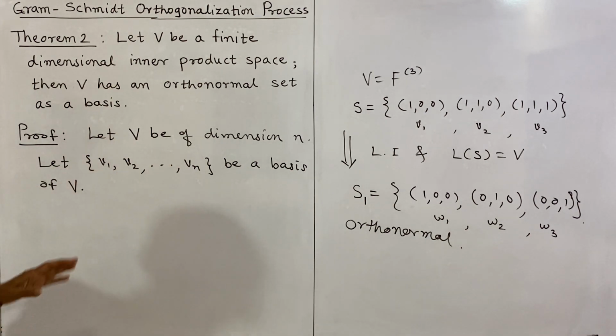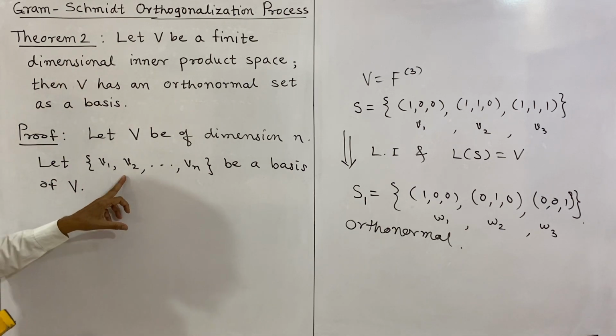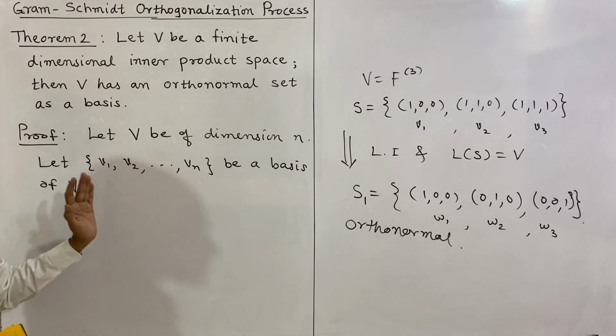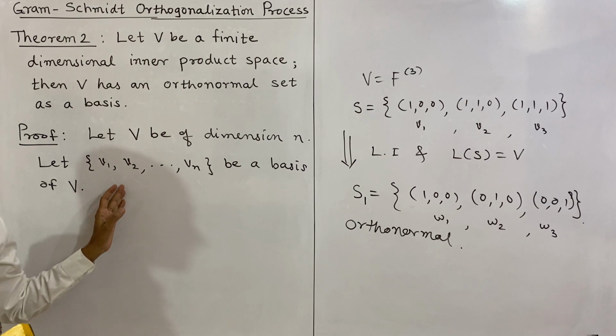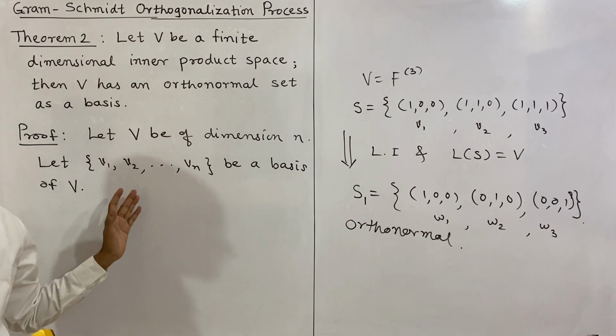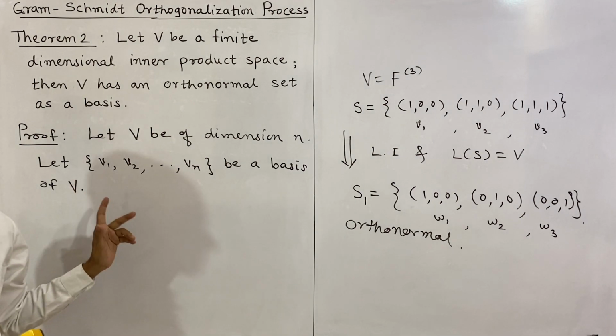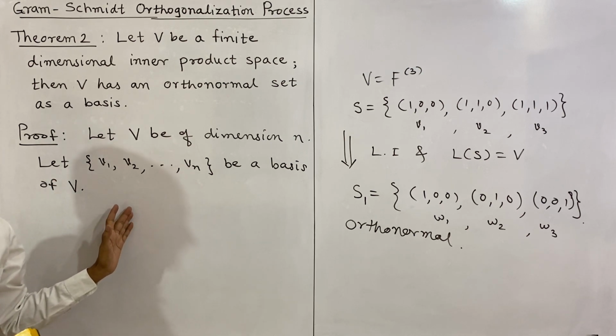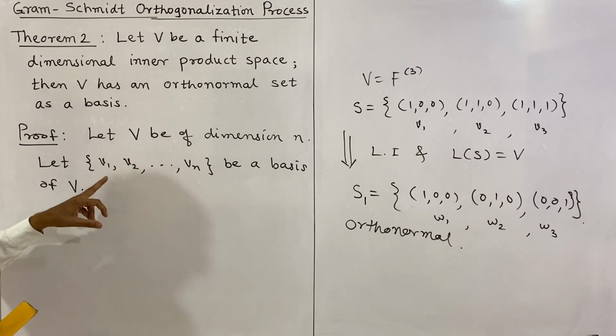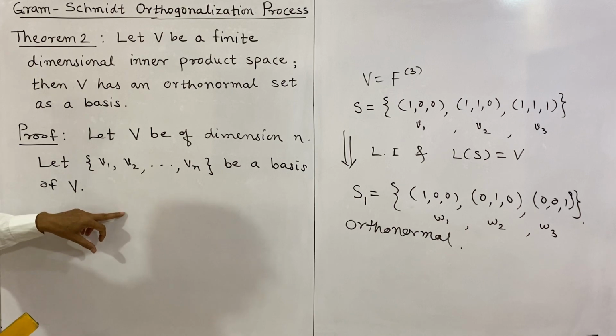From this basis we shall construct another basis which also contains n elements. We know that any two bases of a vector space of dimension n must contain n linearly independent vectors. So from this basis we will construct another basis.